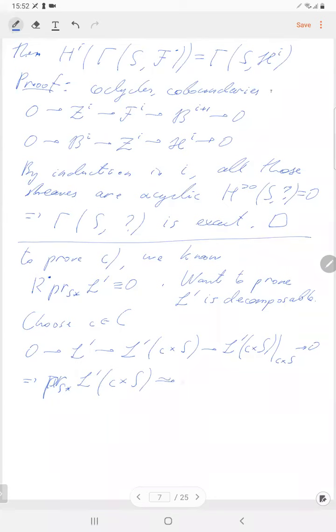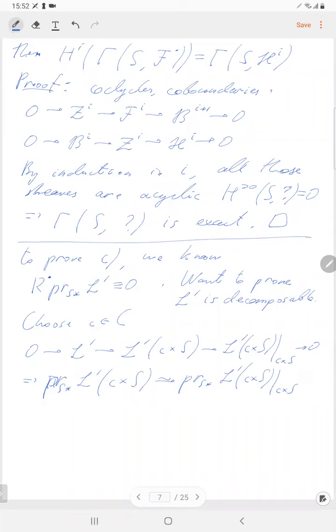onto the projection of L prime twisted by this divisor restricted to this divisor, this fiber. But note that this fiber projects onto S isomorphically, certainly, right? So this projection does nothing.